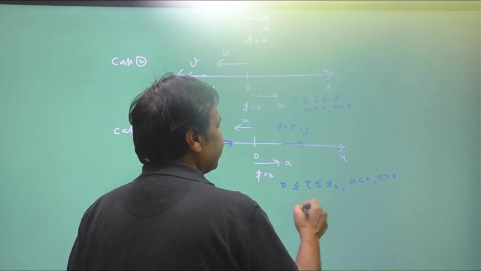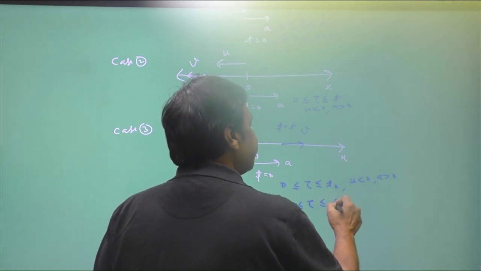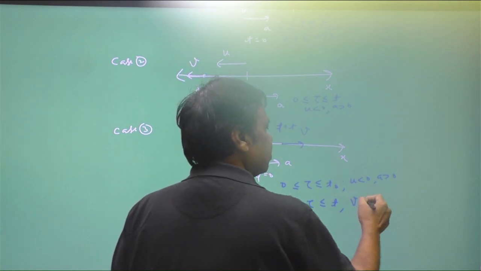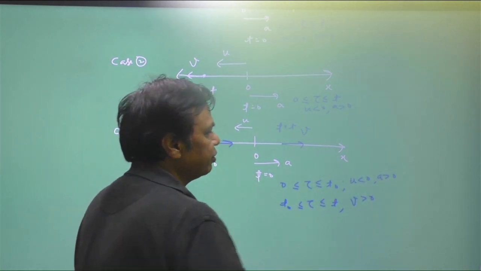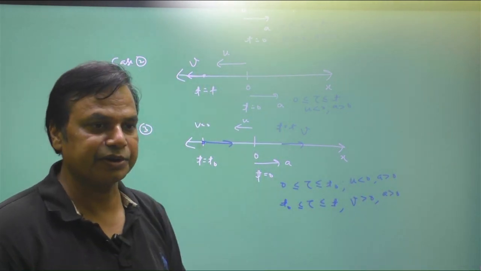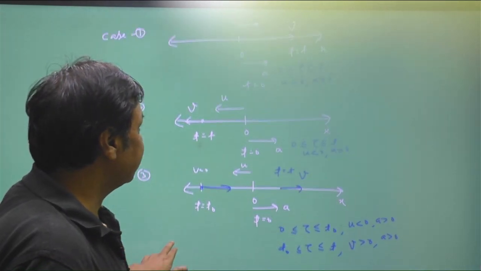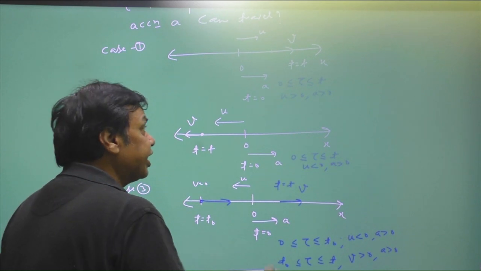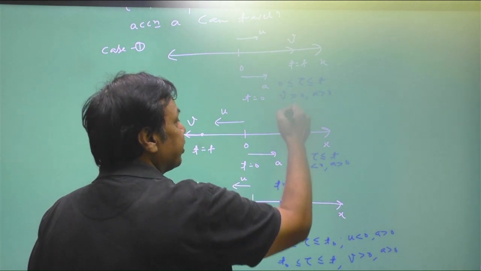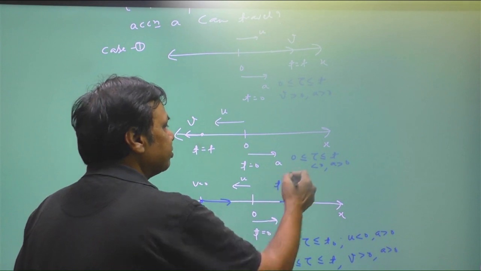And for the time t naught to t, the velocity v is greater than 0 and acceleration is greater than 0. So I have taken these conditions. If I would like to justify a few things again, I can write this v instead of u, so that things will become more clear.